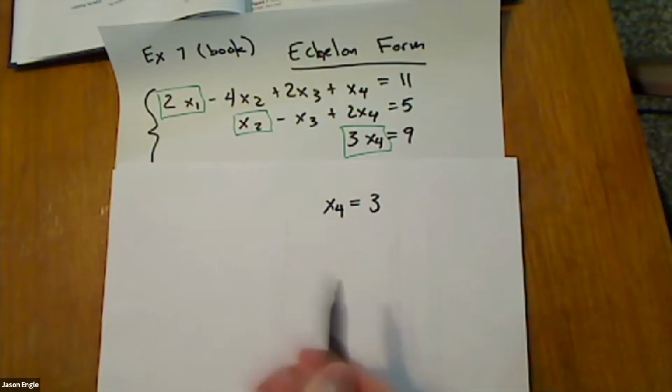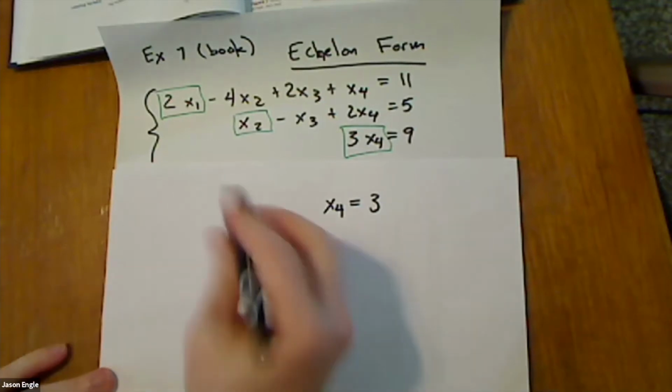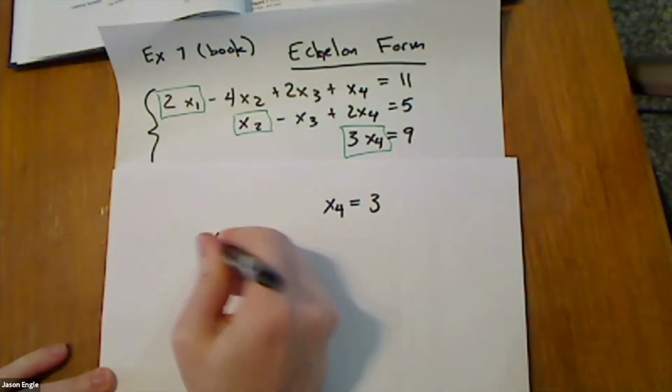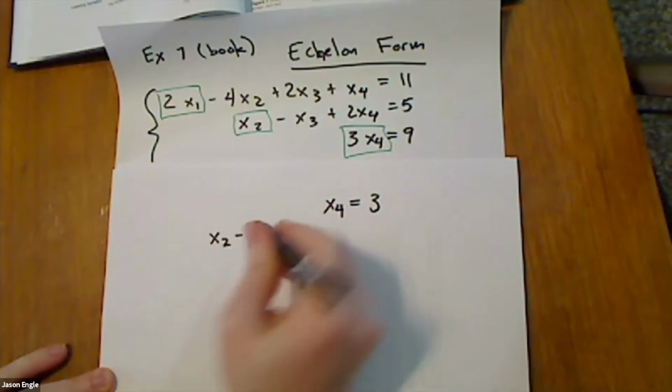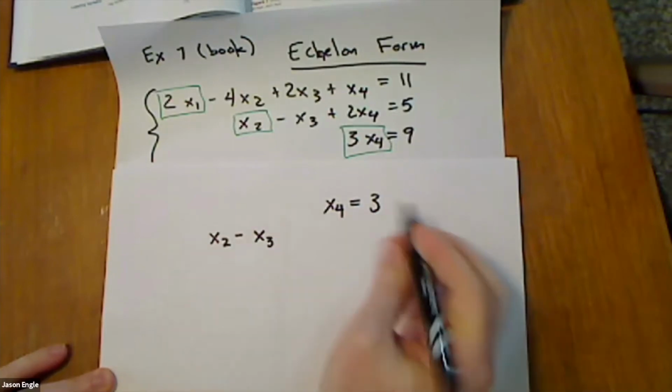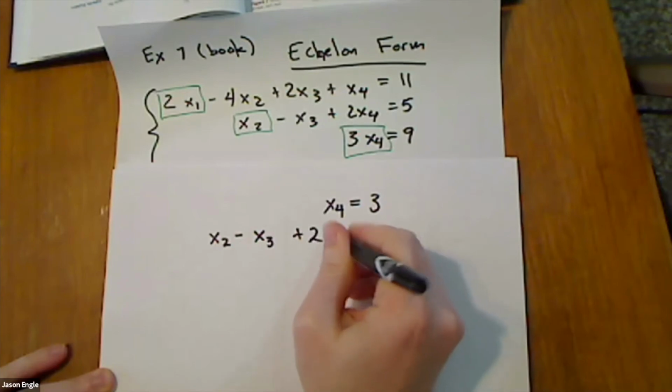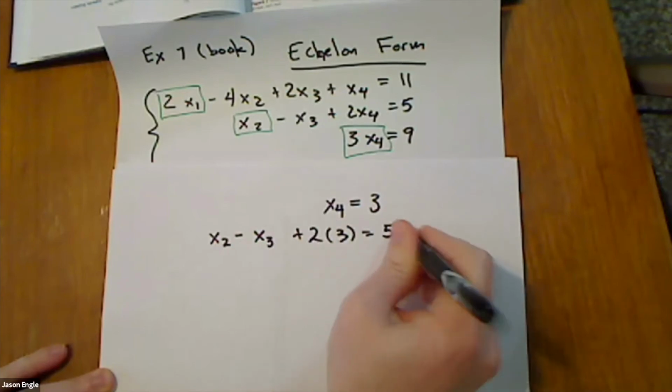And from that, I can back substitute into equation 2. And I can now see that x2 minus x3 plus 2 times 3 equals 5.